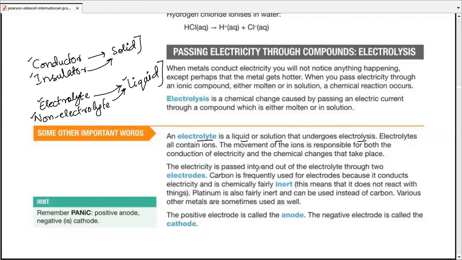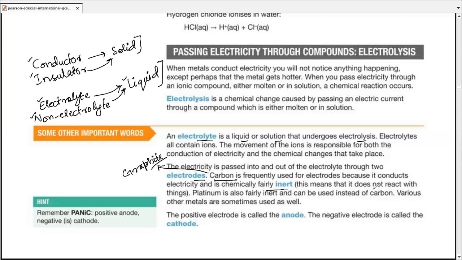The electricity is passed into and out of the electrolyte through two electrodes. Electrodes are actually carbon rods. Carbon is most frequently used for electrodes because it can conduct electricity. And by carbon, remember, here we mean graphite, because graphite is the only form of carbon that can conduct electricity. It is fairly inert.